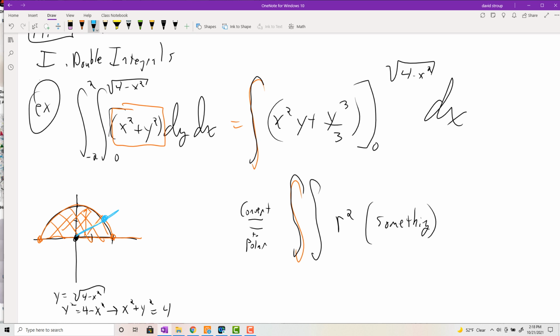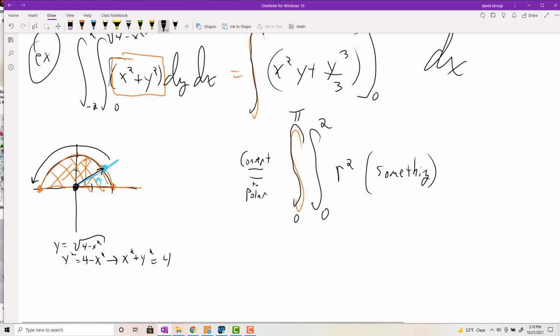Here's the point 2 on it, and I need to rotate theta from 0 to pi. So r is going from 0, which is just the point, all the way out to 2. And then I'm rotating this thing from 0 to pi, and those will give me the bounds on my integral. So all I have to do is figure out that something.